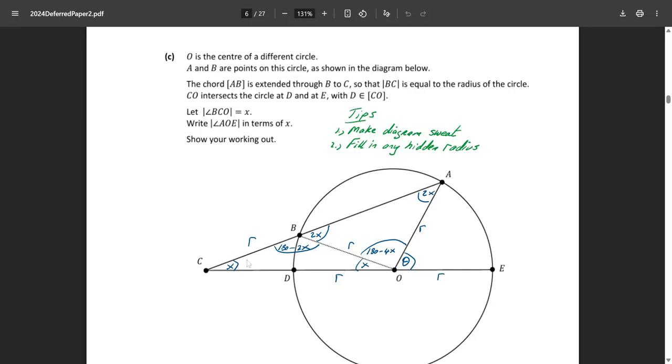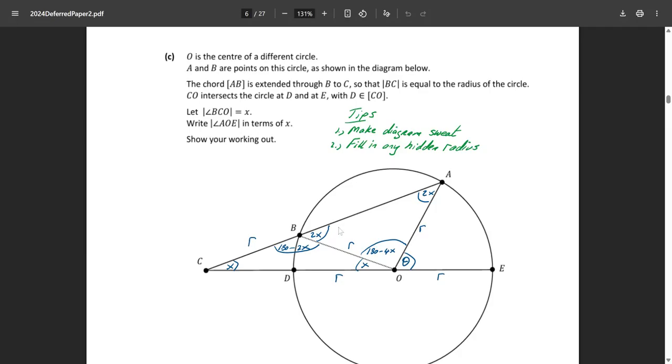Right, so let's work through this. That's X and that's X, which means the three angles must be 180 altogether because it's a triangle. So the remaining angle is 180 minus 2x. Now, you might also notice that 180 minus 2x is on a straight line, which is 180 altogether.